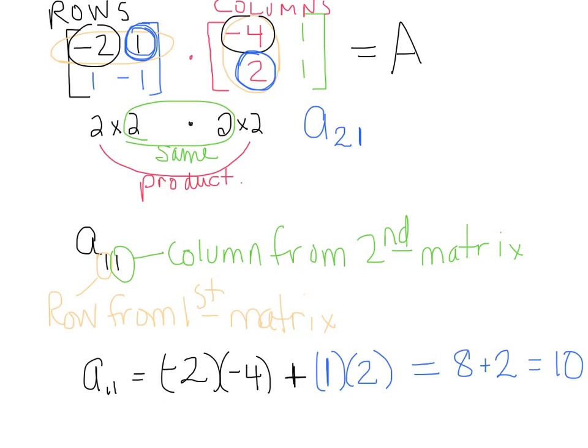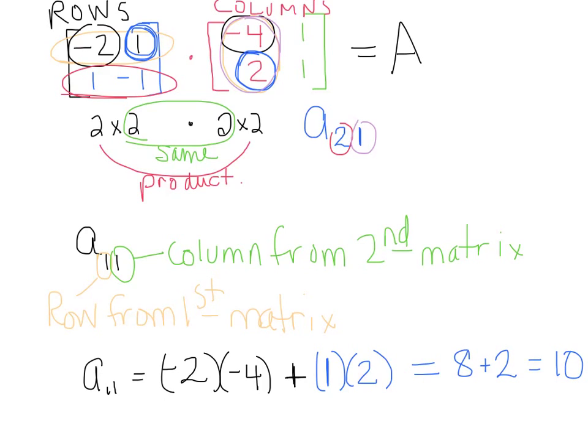I'm running out of colors, but I have to use the second row. I have to use this one right here, the second row, and then I have to use the first column. So I'm still on this first column, but I've moved to the second row.